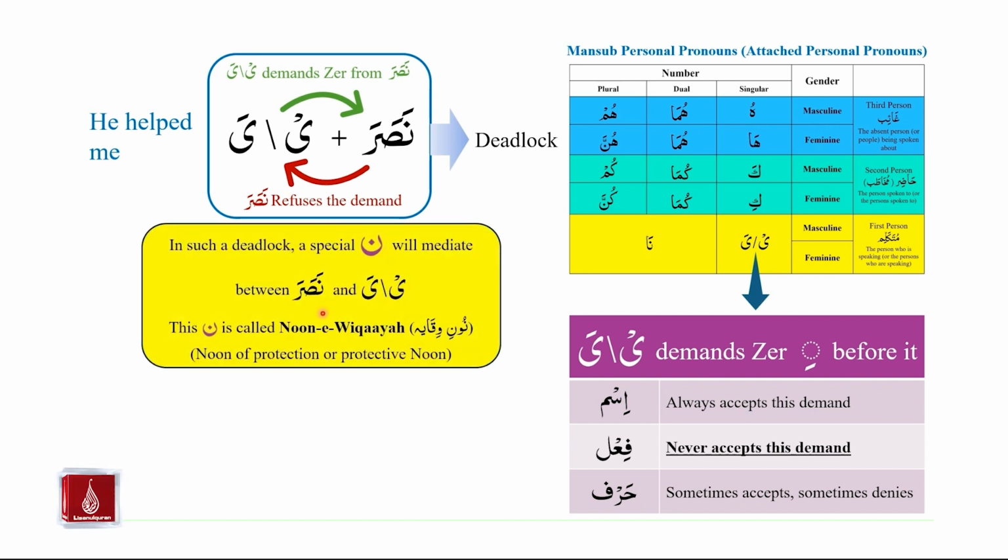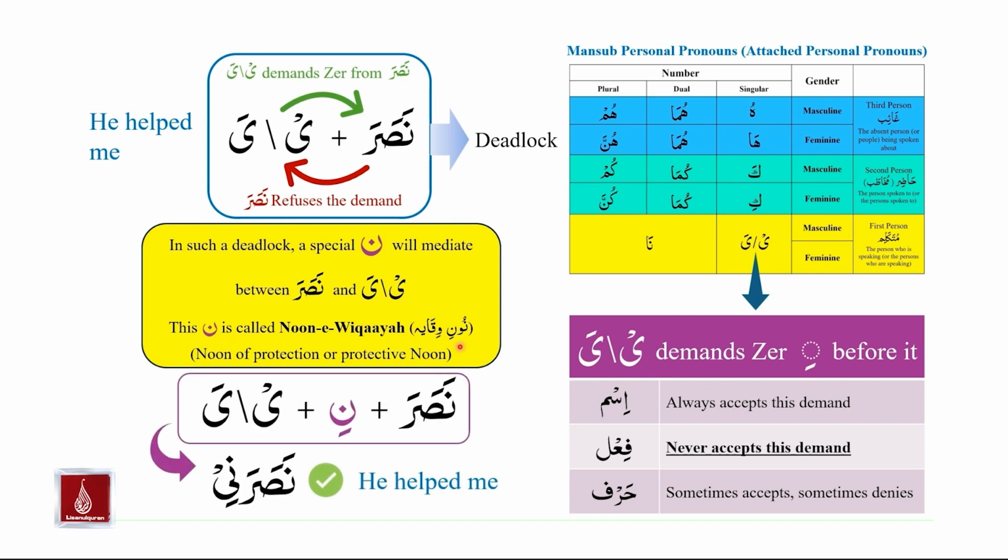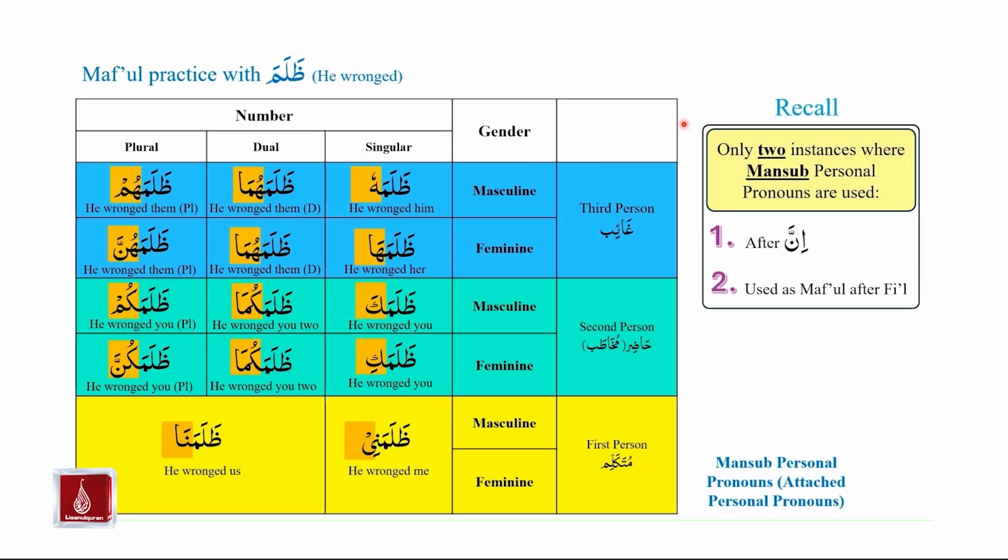We studied Noon Wakaya previously, and we studied that in these situations, this special noon mediates between Nasara and Ya. This Noon Wakaya is also known as the noon of protection or the protective noon. What this noon does is that it comes in between Nasara and Ya, and it accepts the zair to satisfy the requirement of Ya, and we have Nasarani. Nasarani, he helped me.